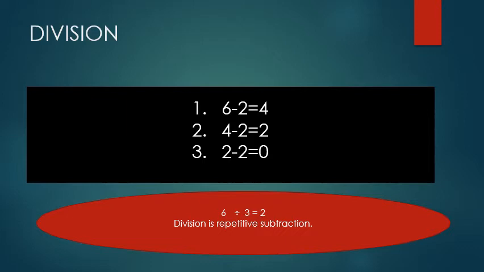So, in place of subtracting 2 again and again, what should we have done? As we know, there are 6 pastries. There are 3 friends. So, 6 divided by 3 is equal to 2. So, 2 should be given to each friend. We can understand that division is repetitive subtraction.